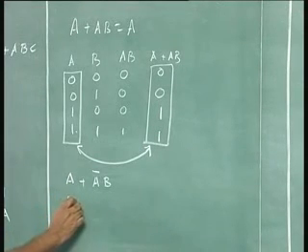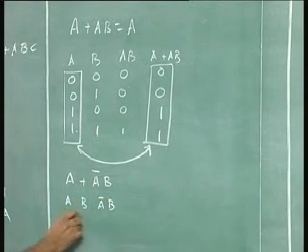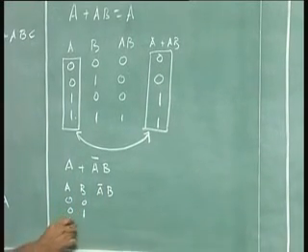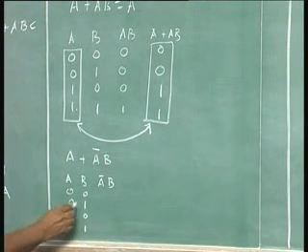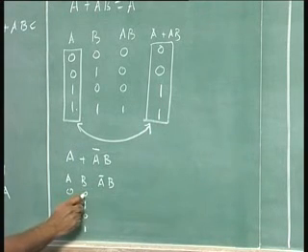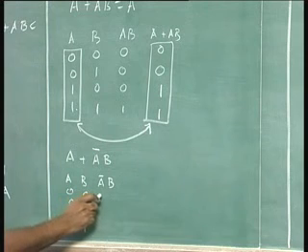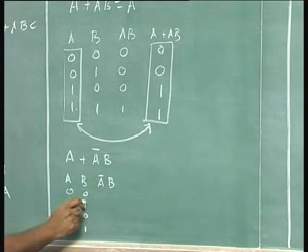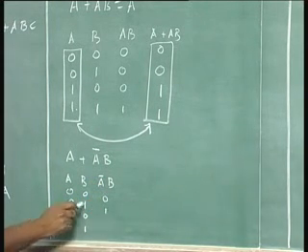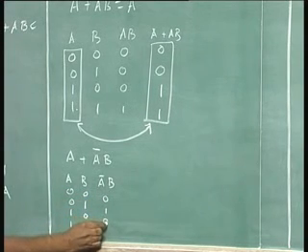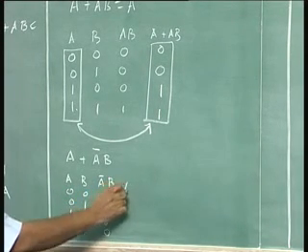A, B. This is 0 because B is 0. This is 1. This has to be 0 because B is 0. Now I am going to combine this with A.